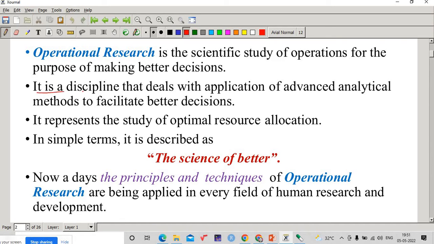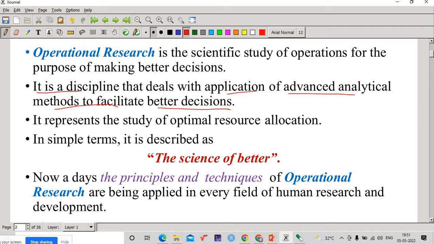Next is, it is a discipline that deals with the application of advanced analytical methods to facilitate better decisions. Now, many times certain random decisions may happen in an organization that may lead to the failure of the entire system.